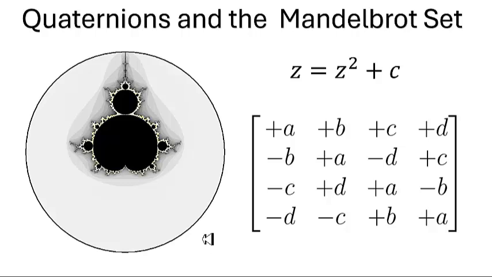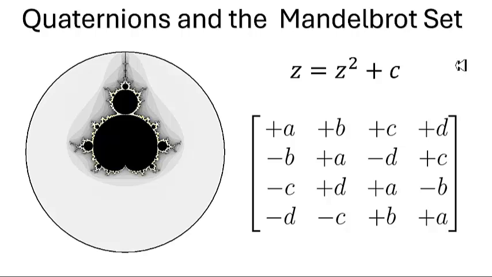And there is no such thing because there is no concept of a three-dimensional complex number. There are two-dimensional complex numbers, and there are four-dimensional complex numbers, which we refer to as quaternions.